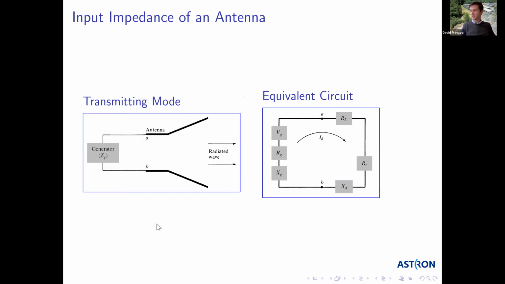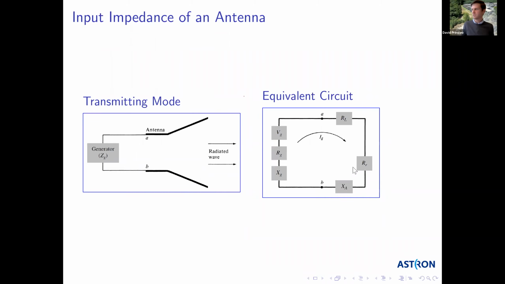So as I show here, if you have some generator with an impedance, and you connect this to an antenna that's radiating an electromagnetic wave, then you can represent this entire circuit as your voltage generator and the source impedance, and then the load impedance of your antenna, where you'll notice that there are two components to the antenna impedance.